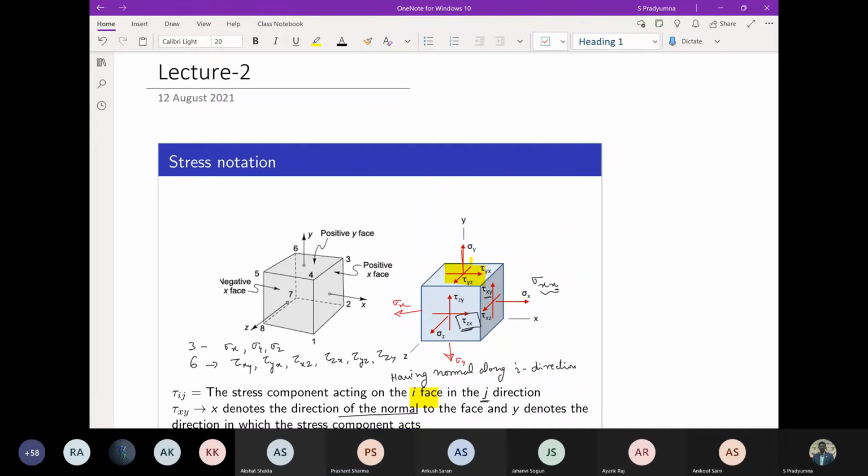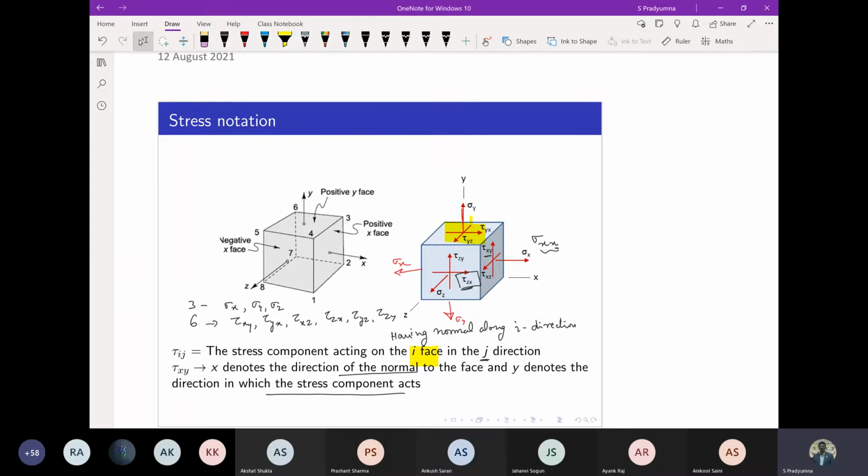Okay. So, welcome to the second lecture. In the last class, we started our discussion on how to represent the stress, what is a traction vector, what is the stress tensor, how it is useful in doing the analysis and design.